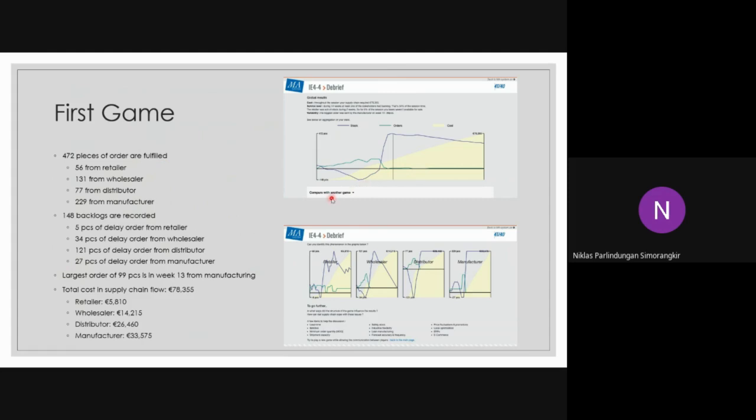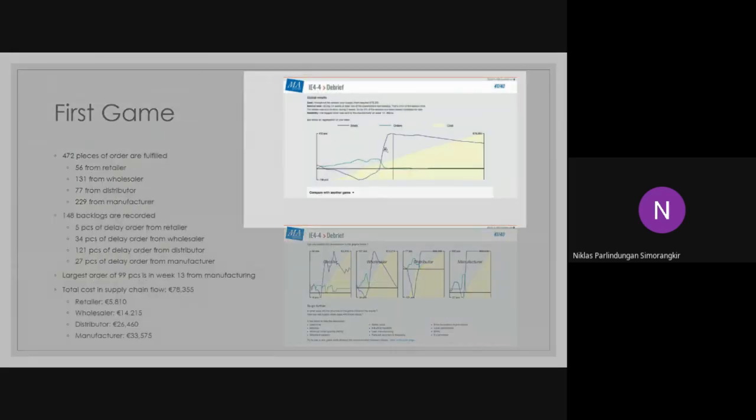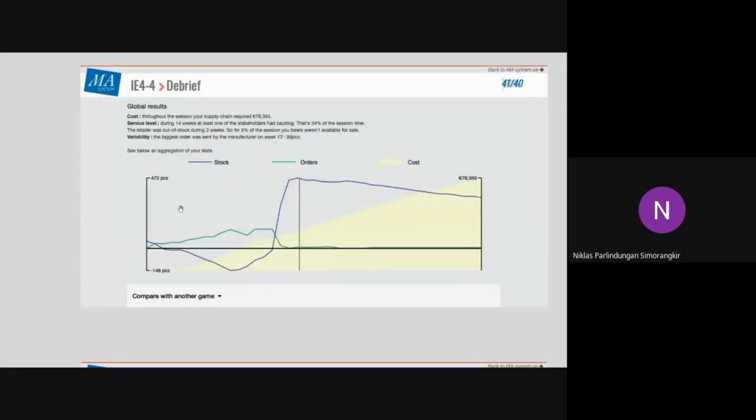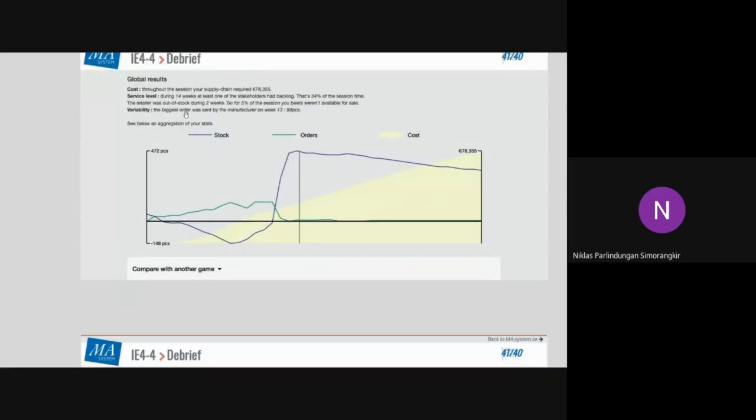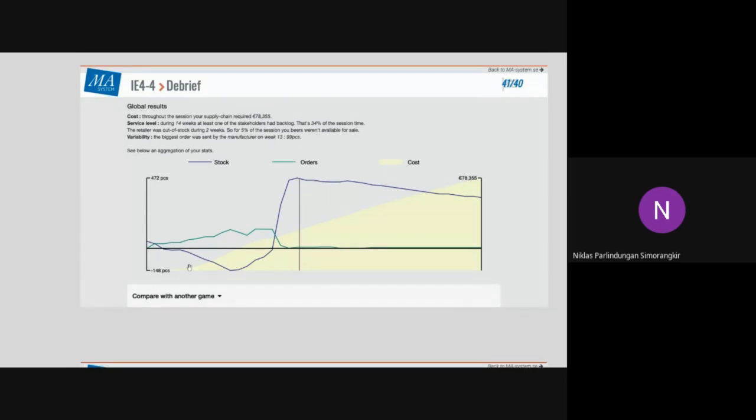So we can look at the first graph here, which is the global results. Let me just zoom it in for you guys. So here is our global results. This represents our stock, our orders, and our cost.